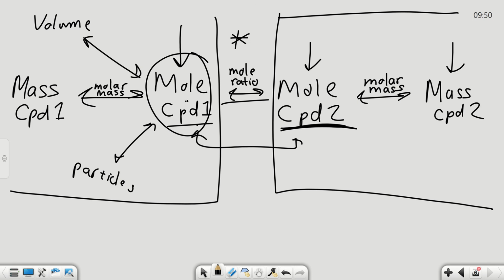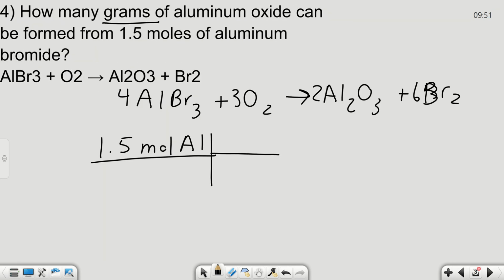I need to go from moles of 1 to moles of the other compound using mole ratio, and then I can convert that compound back to mass using its molar mass.